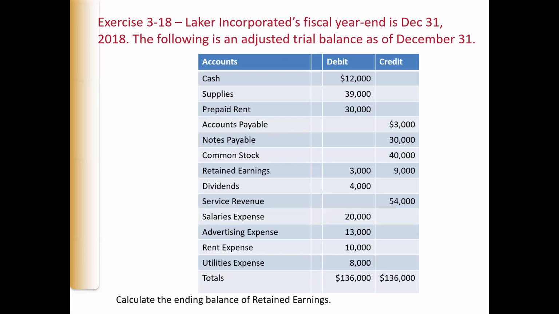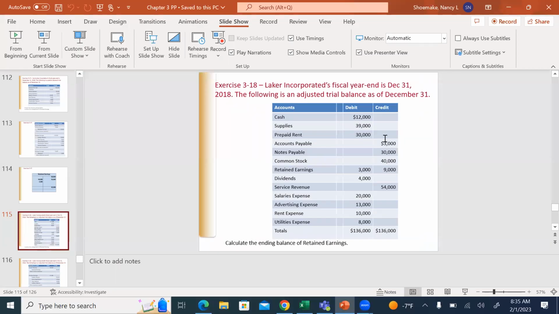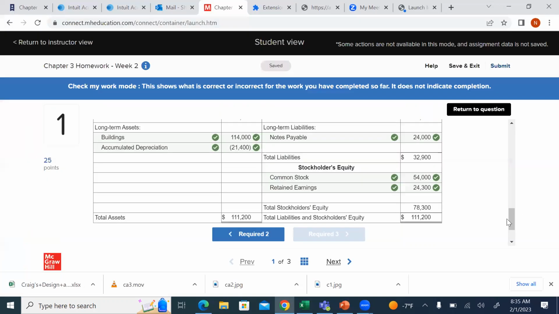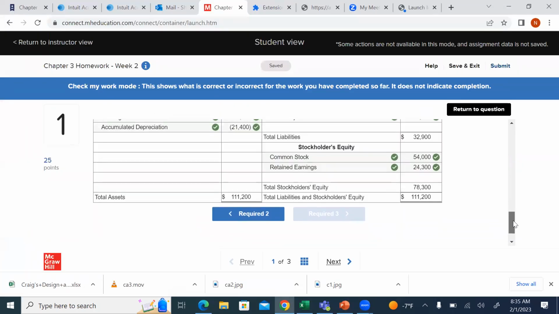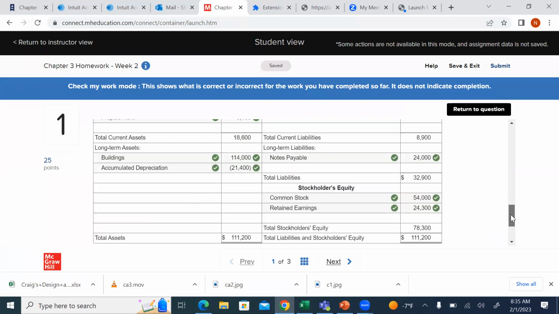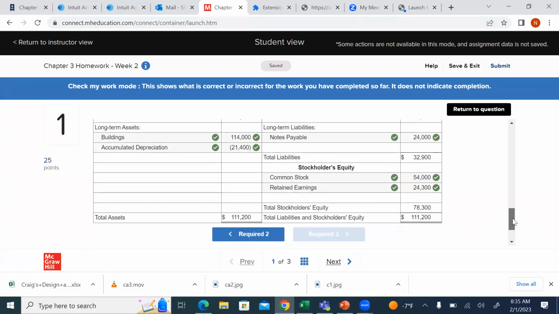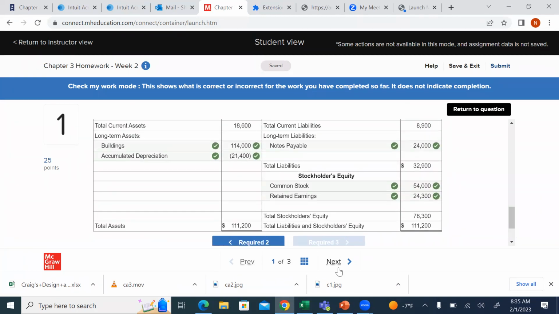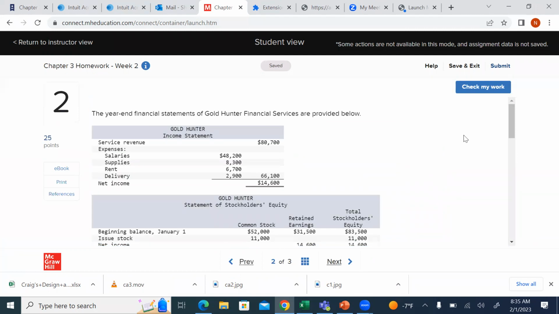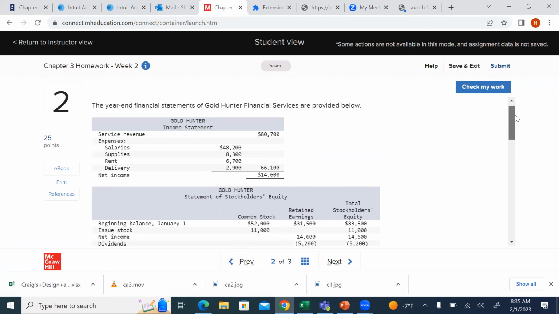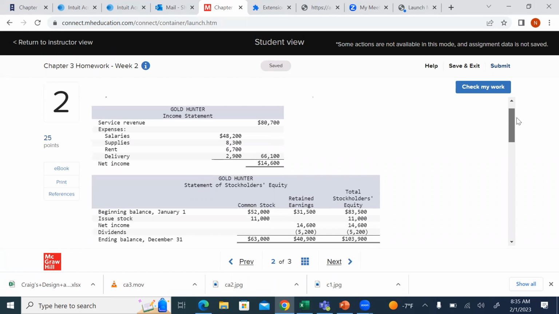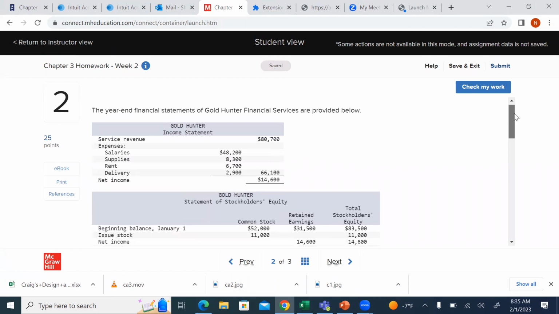Let's go back to the problem we were working on here. Here's our balance sheet. It gives us the year-end financial statement of Gold Hunter Financial Services, shown below.